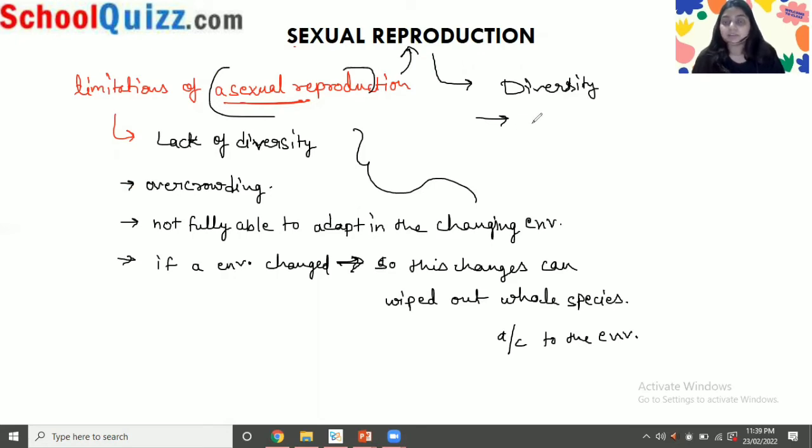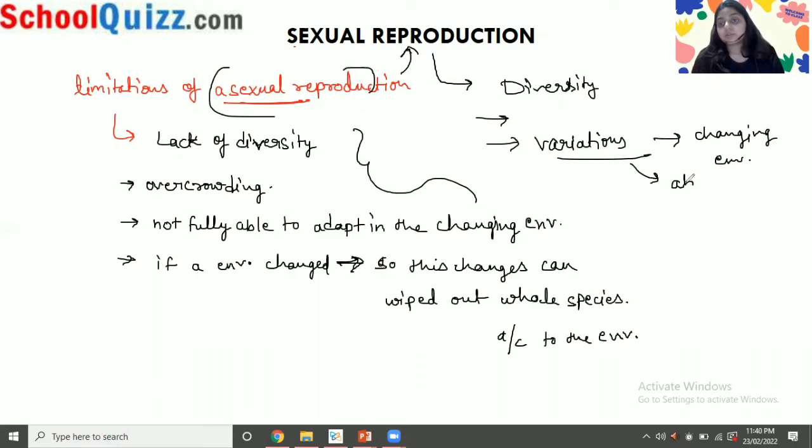Okay, so there are different types of species in their populations, and they have variations. They can adapt to a changing environment.